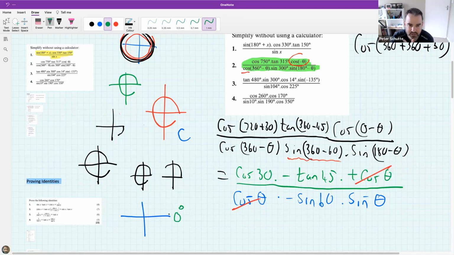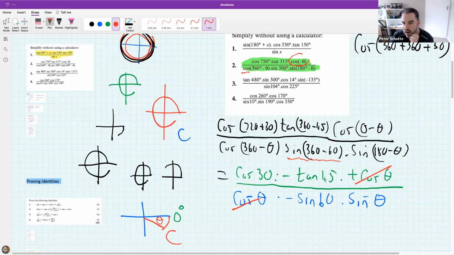So I just said 0 minus theta, and if I go into this quadrant, that is where the negative theta goes, and cos is positive. And how far away is it from the nearest horizontal? It's just theta away. So that's why I get positive cos theta. Because this angle is in quadrant 4, cos has to be positive.